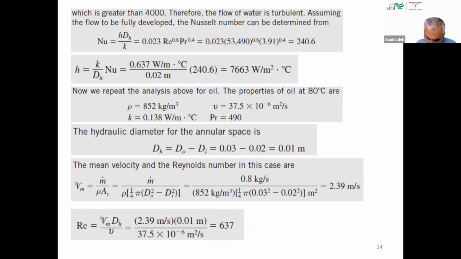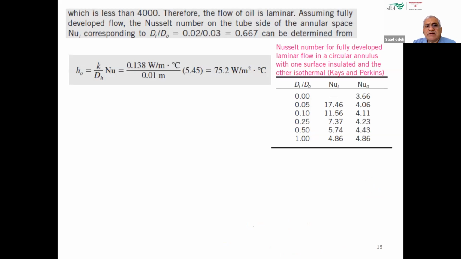So for laminar flow, we have a different formula to find Nusselt number. We can refer to this table. This table presents the Nusselt number for laminar flow based on the ratio between the inner and outer diameter of the tubes of the heat exchanger. We are in the constant temperature case, because in a heat exchanger the surface temperature is constant.